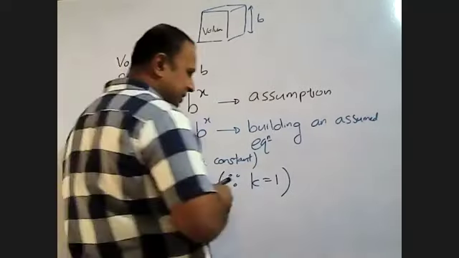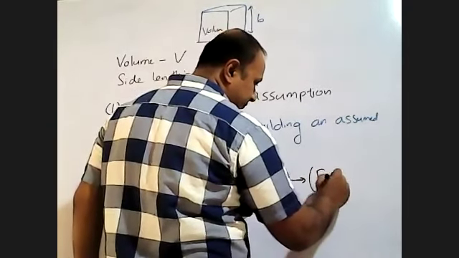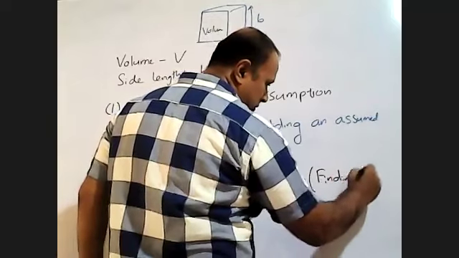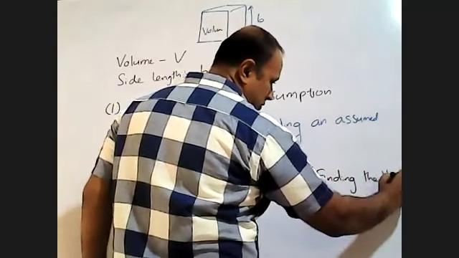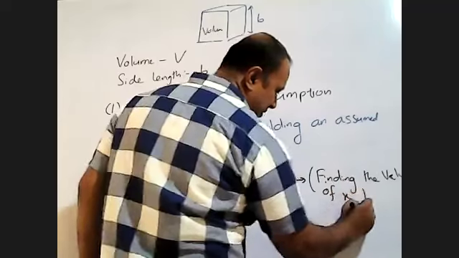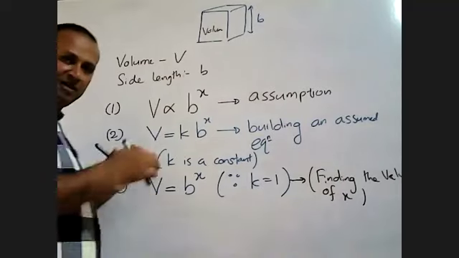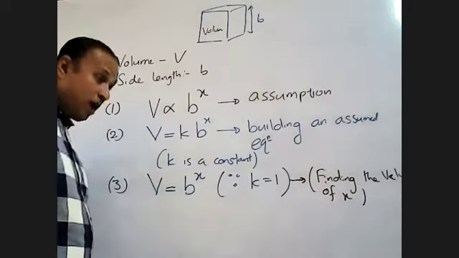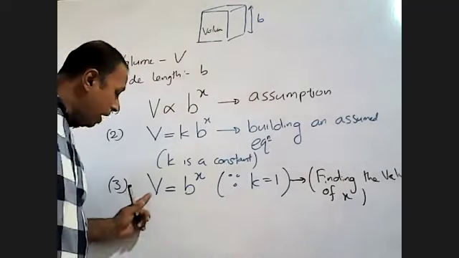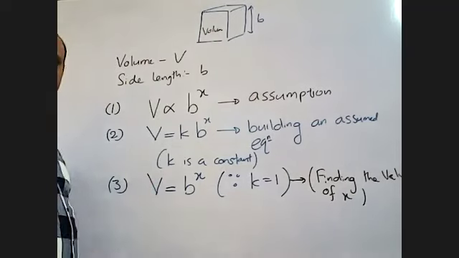This is the third step: finding the value of X. How to find the value of X? To find the value of X, you have to substitute the dimension of both sides.